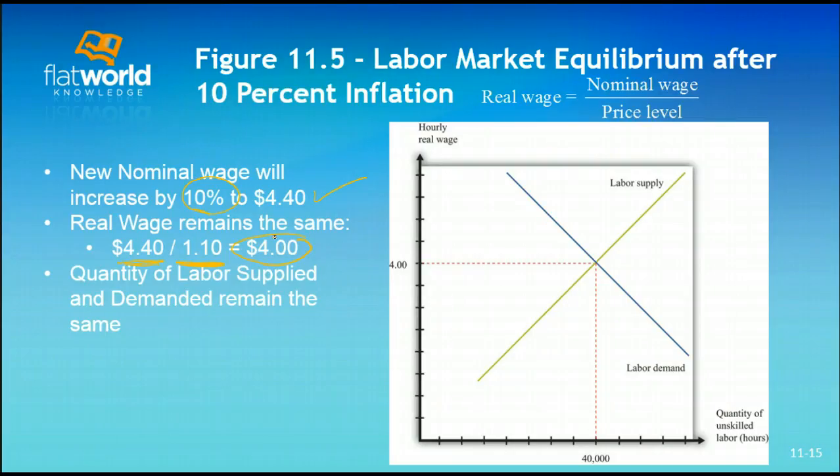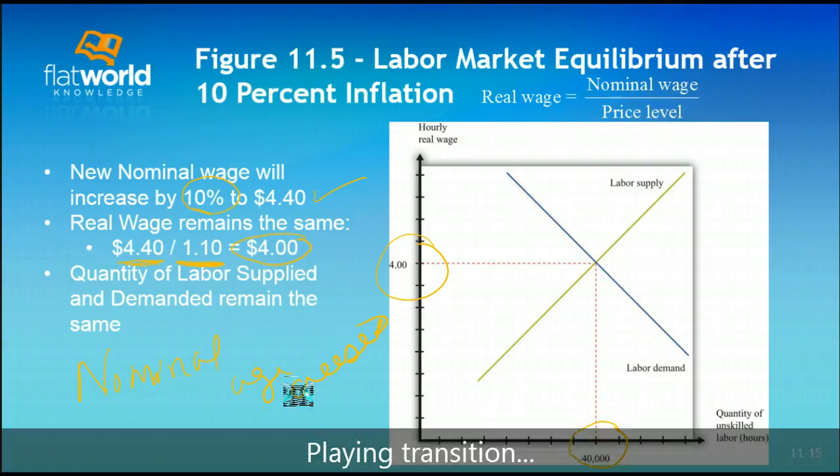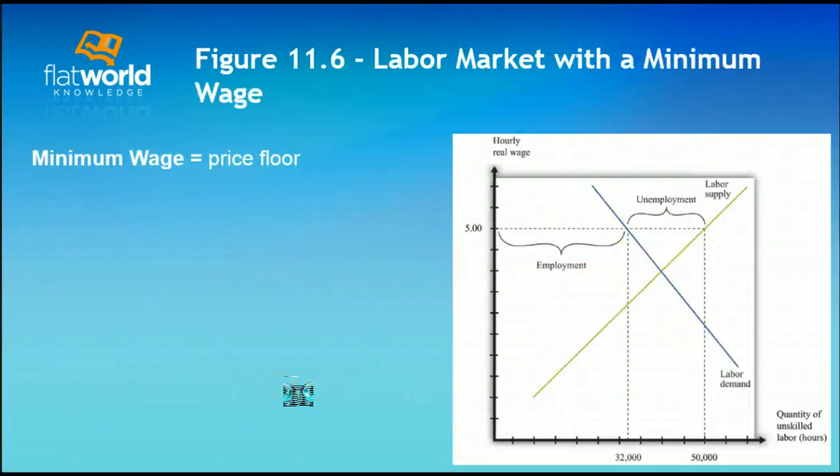That means in a competitive market, a 10% increase in the price level in the economy will cause the real wage to stay the same and the quantity of labor supplied and demanded to stay the same because nominal wage will increase. Hopefully you can see that. Now that's a competitive market.